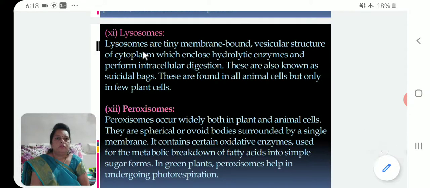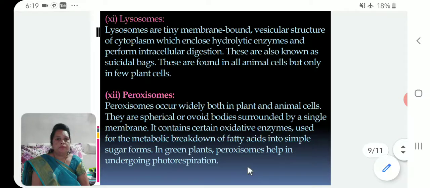Next are the lysosomes. Lysosomes are tiny membrane-bound vesicle structures of the cytoplasm which enclose hydrolytic enzymes and perform intracellular digestion. These are also known as suicidal bags. These are found in all animal cells but only in few plant cells. Next are the peroxisomes.